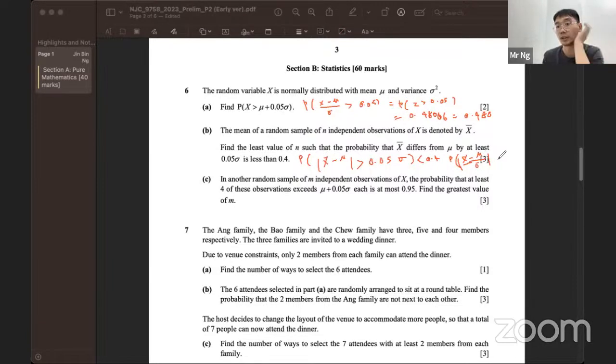Because sigma is positive. Wait, so this one we cannot divide by sigma. We should divide by sigma over root n. So we divide by sigma over root n here, so this one will be times root n.